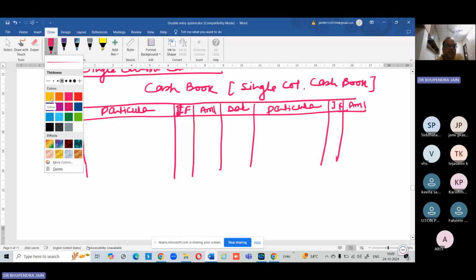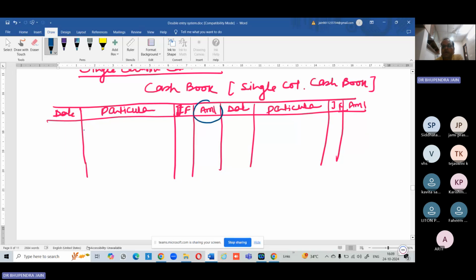In this single column cash book, there is only one column and this column is the cash column.